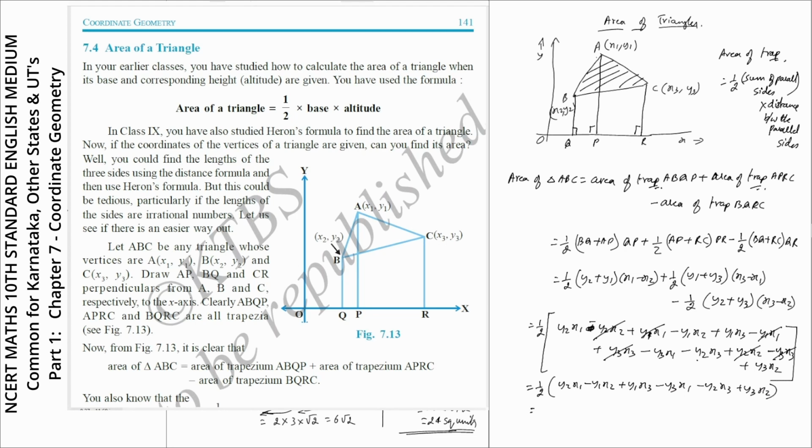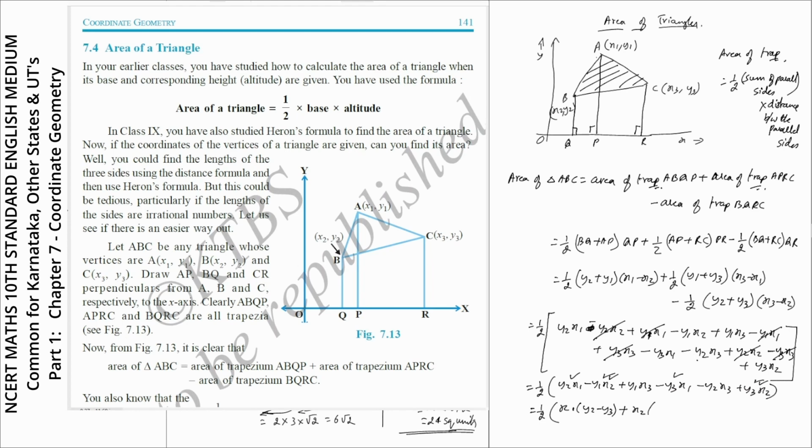Now here again, this is 1 by 2. From these two I can take x1 common. So x1 into (y2 minus y3) will be left, plus again from x2, from this and this, I can take x2 common.